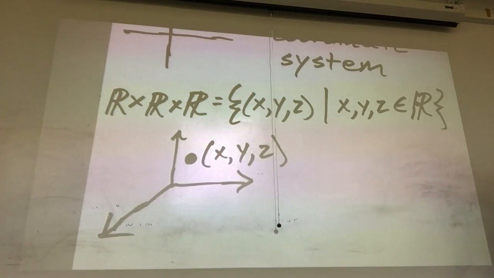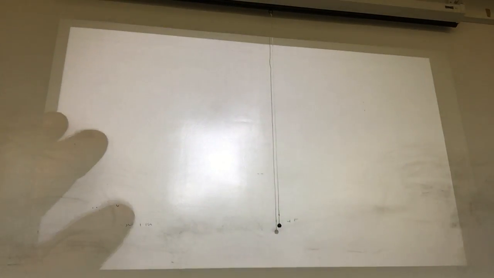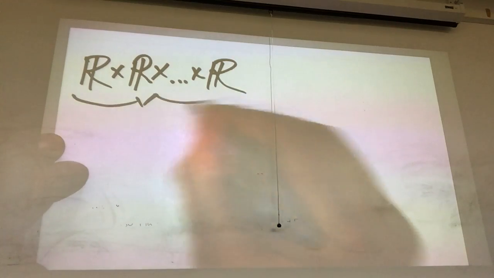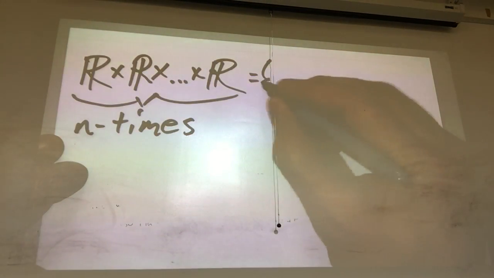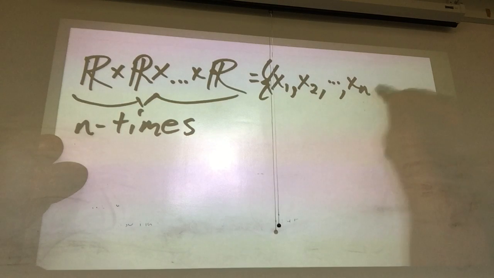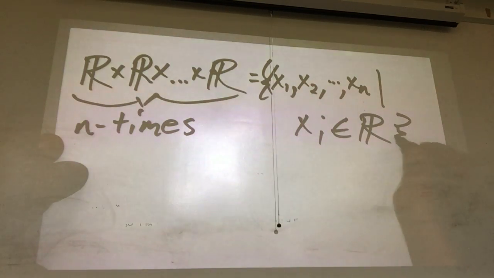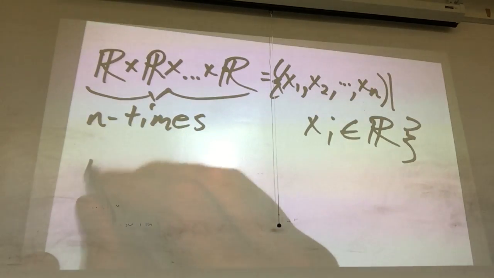So if we decided we're going to do R n times, we would end up with a set (x1, x2, all the way up to xn) such that x sub i is in R. I'm kind of running out of room, so I had to squeeze it down there. Okay, and this is known as an n-tuple.